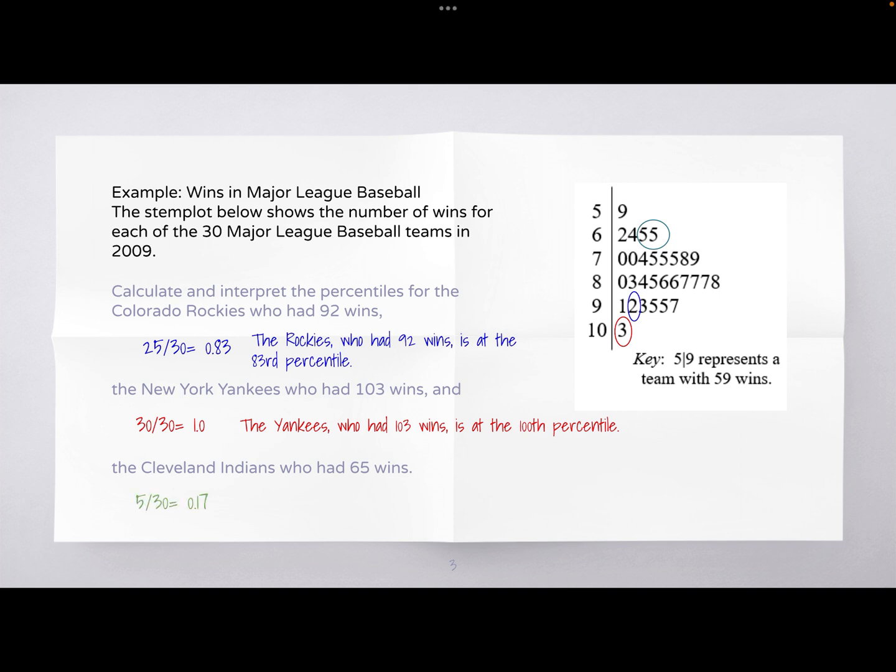So 5 out of 30 is 0.17, which is the 17th percentile. So for the Cleveland Indians, it would be wins at or below 65 wins. That's why we had to count both of them. We had to go to the furthest one because the first one is at, it's not below. The second one is also at. So we had to go to 5.